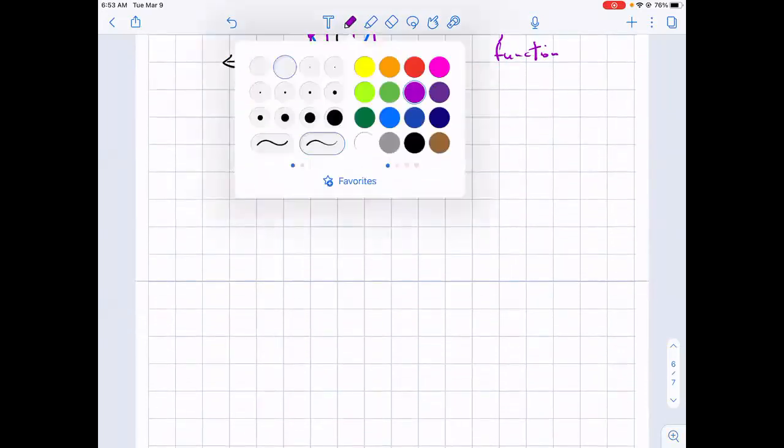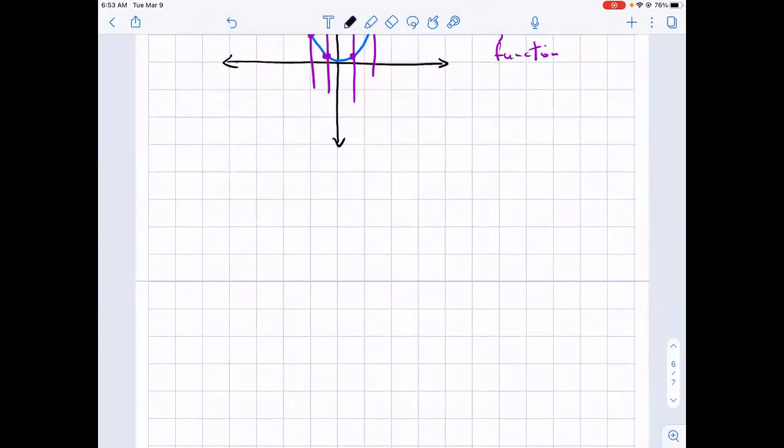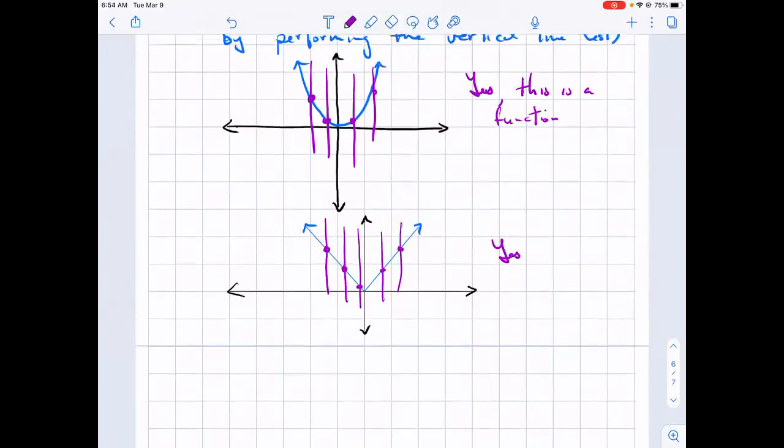You will notice that if we draw the absolute value graph and we draw vertical lines, this is a function. Once, once, once, once, once. So yes, this is a function.